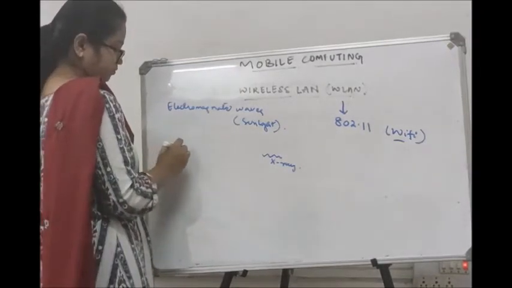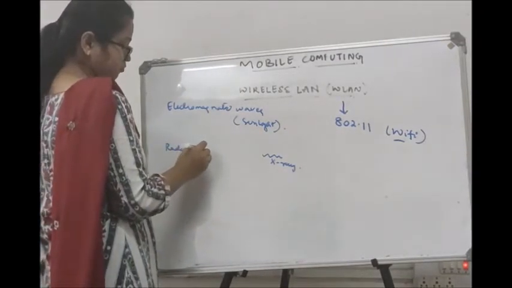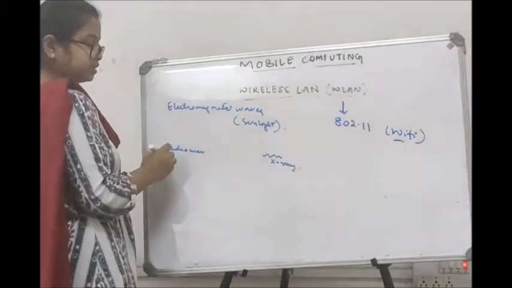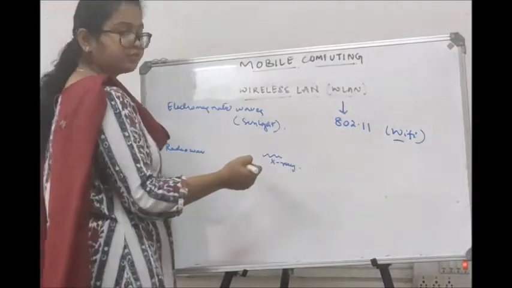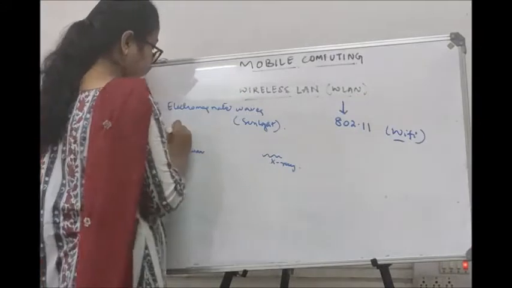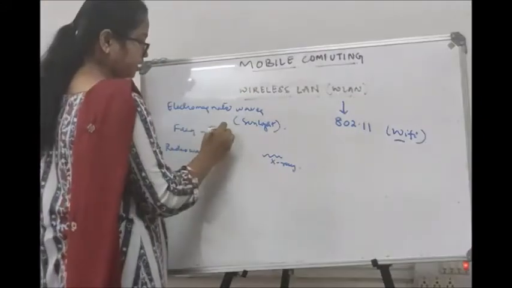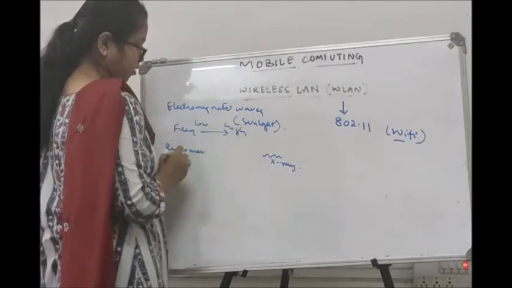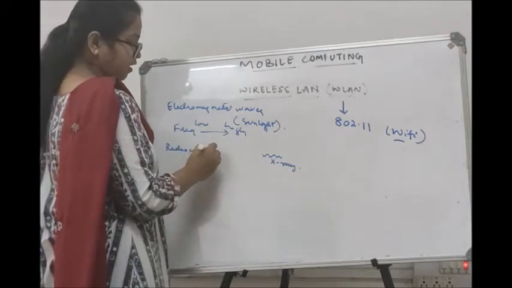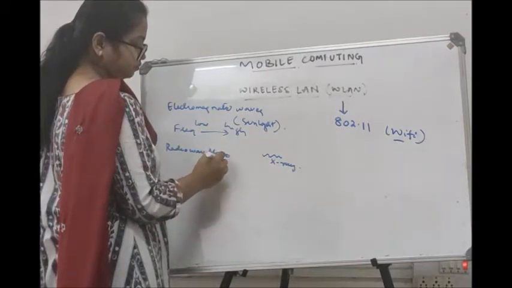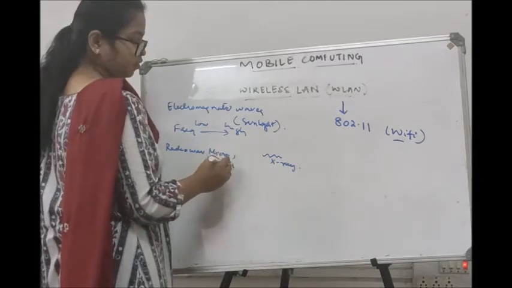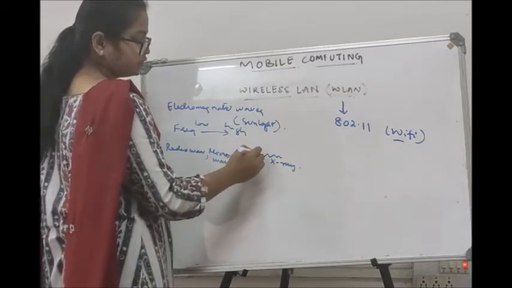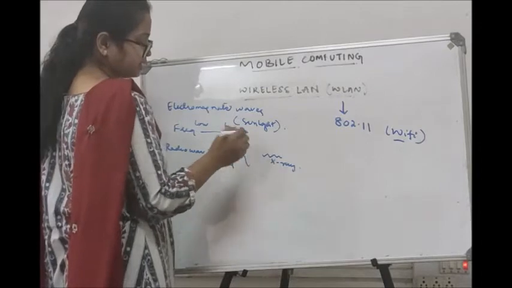Sorry, the lowest frequency is radio waves, the highest frequency is X-ray. So frequency is increasing from low to high. Radio waves, then we have microwaves, then infrared waves, and the highest one is X-ray.